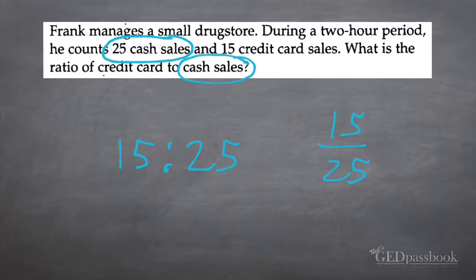So the thing with ratios is math likes ratio problems to be in simplest terms, which means you must always spot whether your fraction could be simplified or not. 15 over 25 or 15 colon 25, it doesn't matter. Could 15 over 25 be simplified?